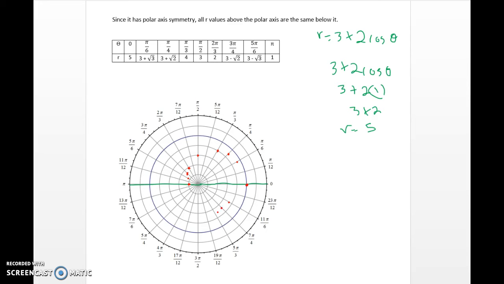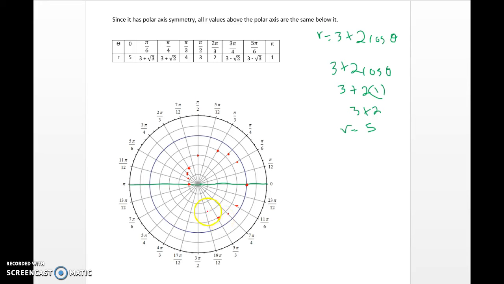At 5 pi over 3, that's the same r as pi over 3, or 4. These are a little off. So 5 pi over 3 is at 4. And right, 1, 2, 3, 4. And then we have a little higher and a little higher here.